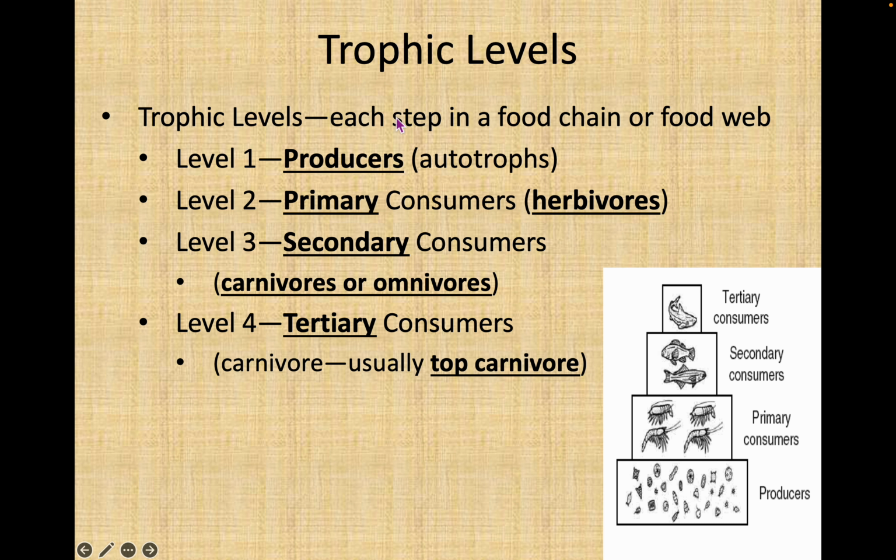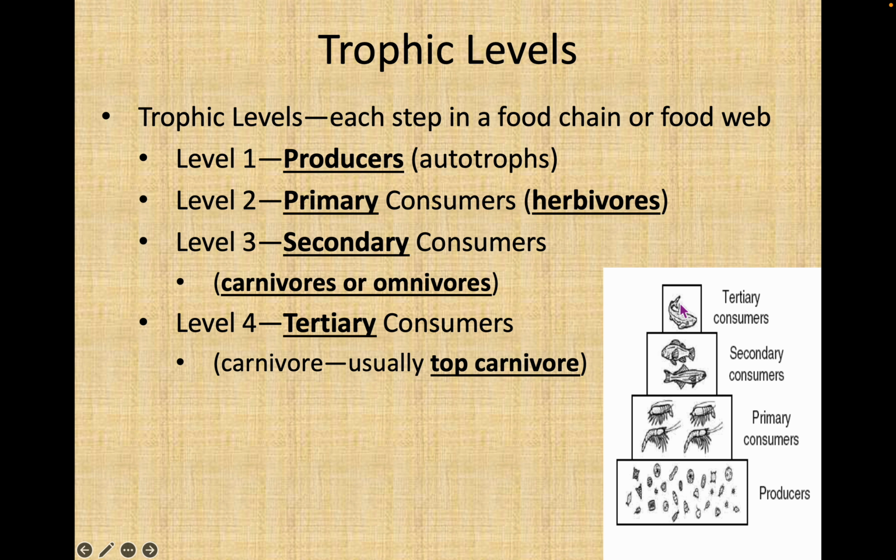Trophic levels. Each step in a food chain or food web has trophic levels. So we've got our level 1, which is our producers. We've already mentioned this. Our level 2 is our primary consumers. Our third level is our secondary consumers. And our fourth level is the tertiary consumers. The top ones are always going to be carnivores.